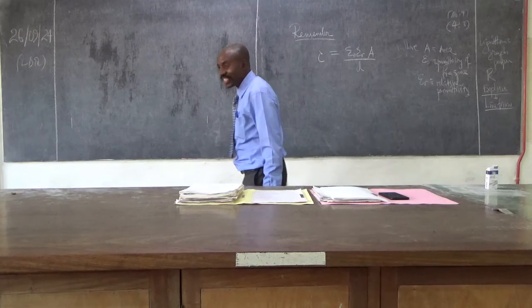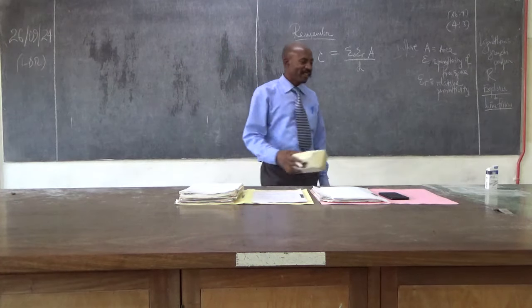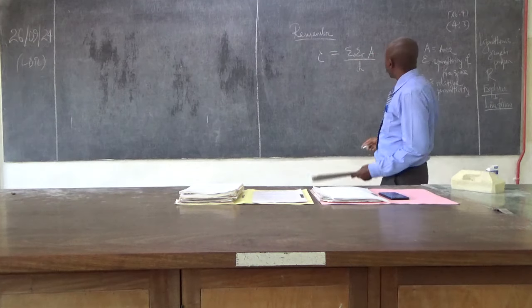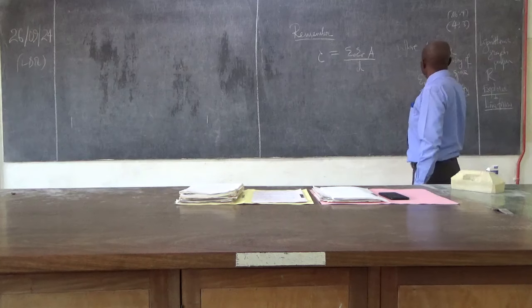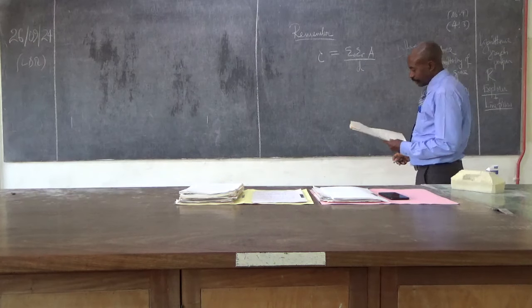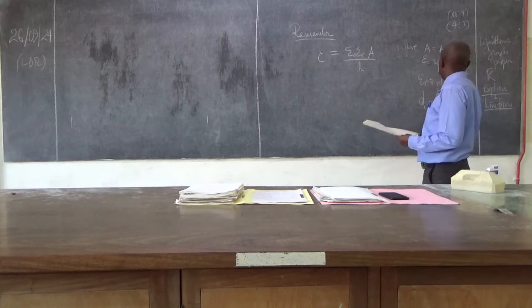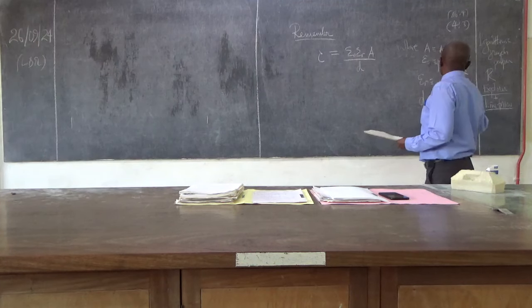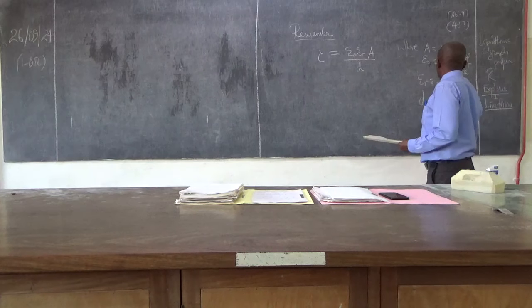He has a box, the one which has nyai. So then this is relative permittivity, and then the D is the separation of the plates. You never know, the thieves can steal for fun.